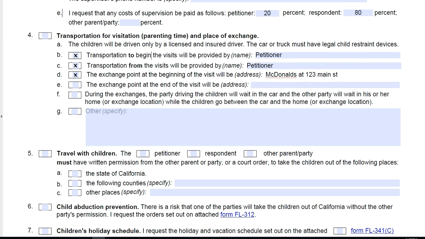So you can select a neutral location, or you can say something like respondent's house if you don't mind the exchange being there. The same thing for the end of the visit, wherever the visit is going to end. In this case, since petitioner is picking up and dropping off, then visitation will end at respondent's house.